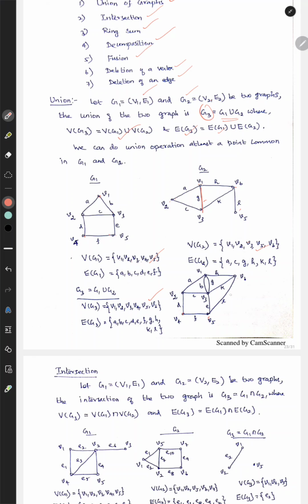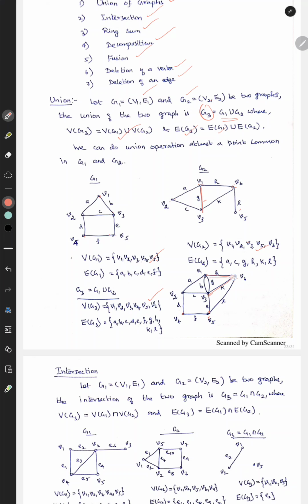So now V1 to V6, there is an edge in G2, and V6 is not a vertex in G1, so all the edges present at V6 will be coming only from G2. So V6 to V5 we have an edge, which is L, and V6 to V3 you have an edge.